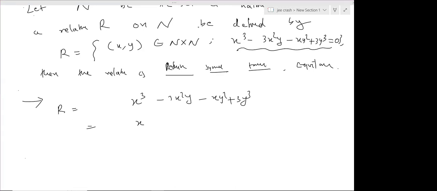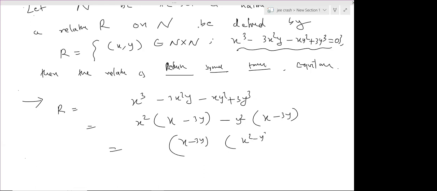Very good. So let me solve this. From x cube, I can take x square common, what I'll have here is x minus 3y. From here, I can take y square common, so I'll have x minus 3y. x minus 3y, x square minus y square, which is x minus 3y, x minus y, and x plus y. And this is equal to 0.